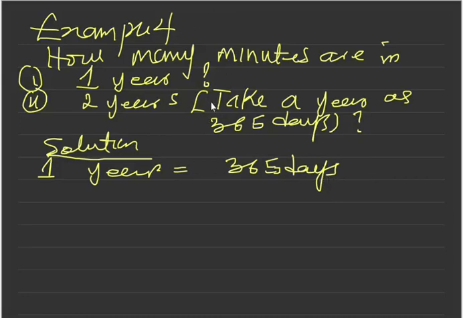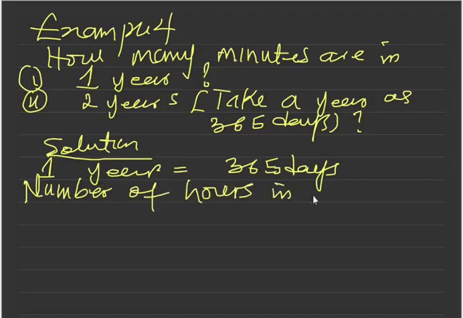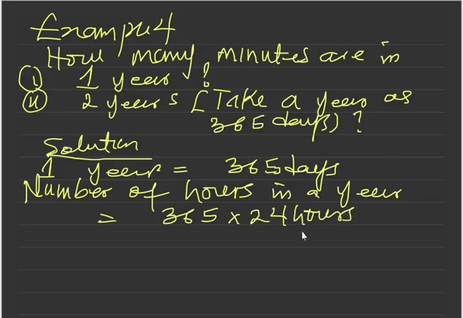So a year is 365 days, and we know the number of hours in a year. So let's now find the number of hours in a year. It will give you 365 days, and a day is 24 hours, you know.